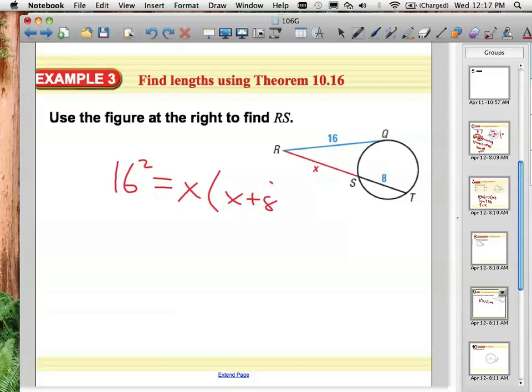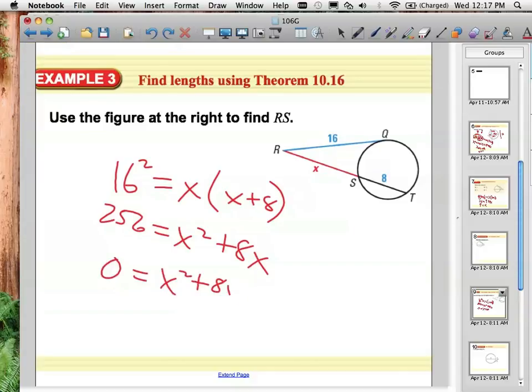So this is the exact same thing as the other one, except it has a tangent. The tangent makes that a squared, so 16 squared, 256, equals x squared plus 8x. Oh, quadratic. So we get 0 equals x squared plus 8x minus 256.